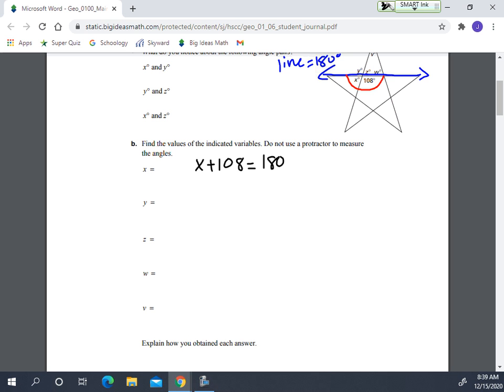If we take x and the angle of 108, that whole measure equals 180. That's why I set up this equation. If I subtract 108 from both sides, I come up with x is equal to 72 degrees. Okay, that's good to know.